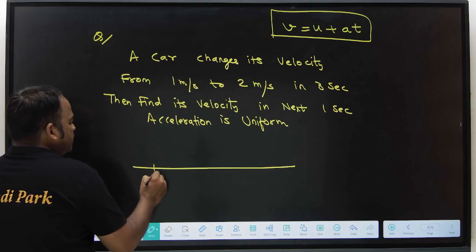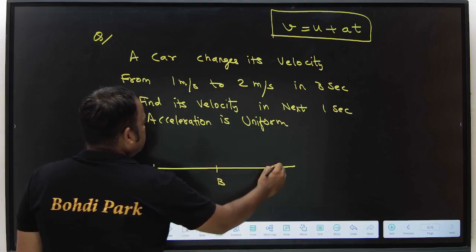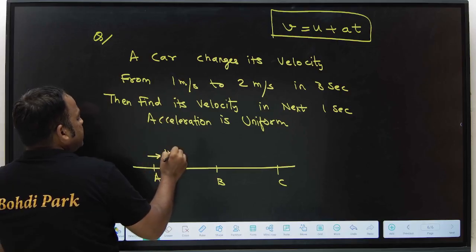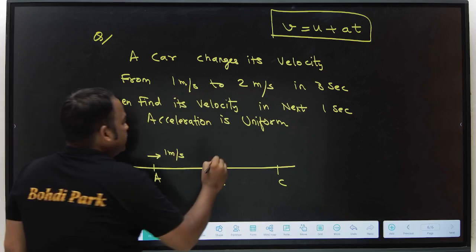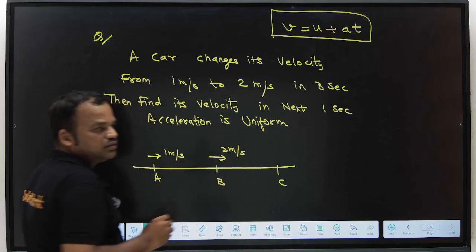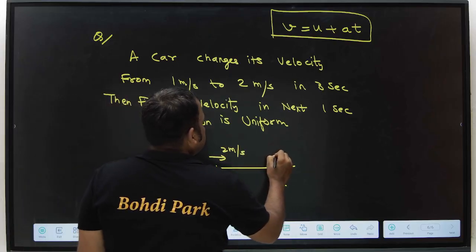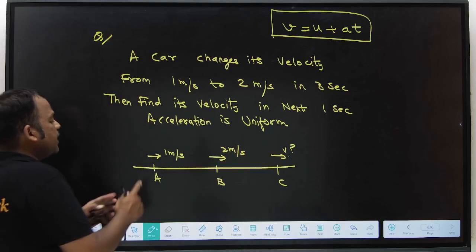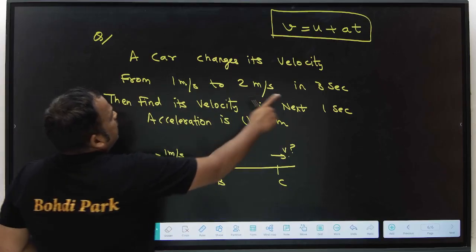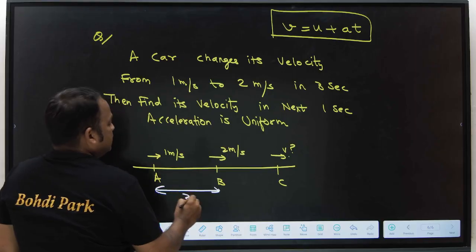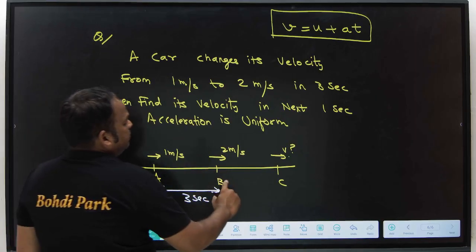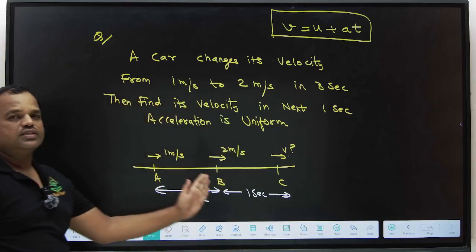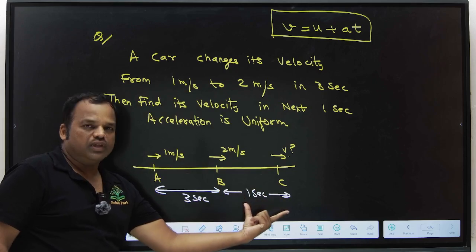We'll assume points A, B and C. Let's assume the velocity of car at A is 1 meter per second as given in the question, and velocity of car at B is 2 meter per second, and velocity of car at C we have to find, that is V. Time taken from A to B is 3 seconds, and time taken from B to C is 1 second.